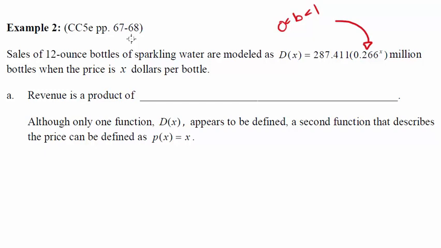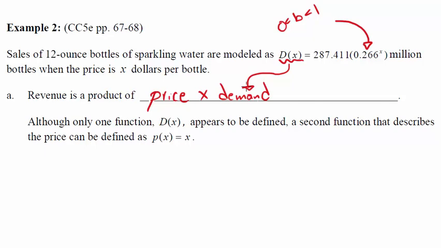All right, so we want to come up with a function for our revenue. Price times demand, right, or the price times the number of units sold. Okay, so we've got a function here for our demand, but what we need now is a function for price.